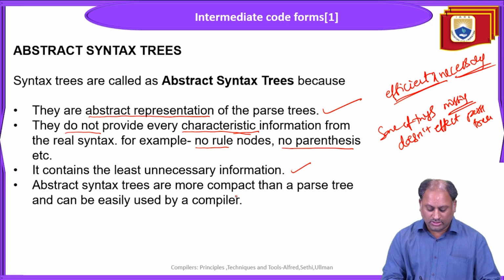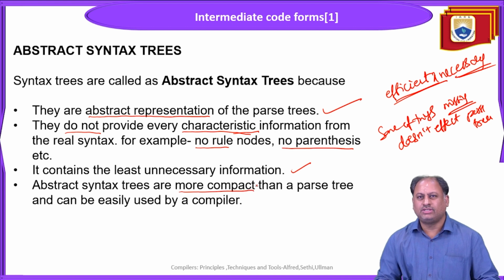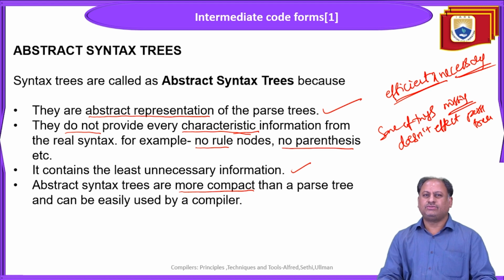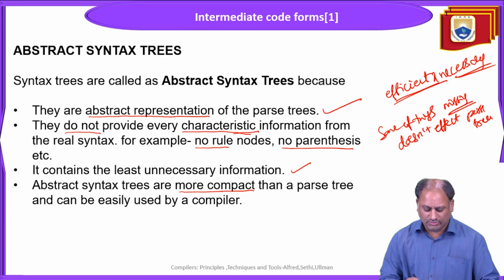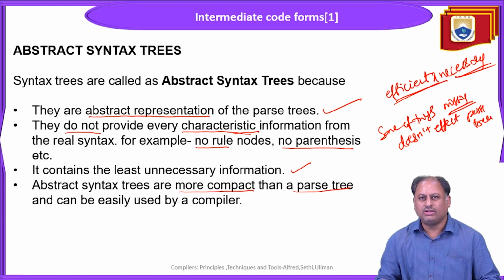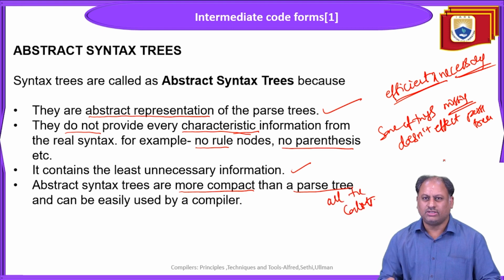And it is more compact. More compact in the sense that only the actually required information is kept, compared to the parse tree structure. In a parse tree, whether information is relevant or required, we cannot tell, as all the contents are available, so it is less compact.